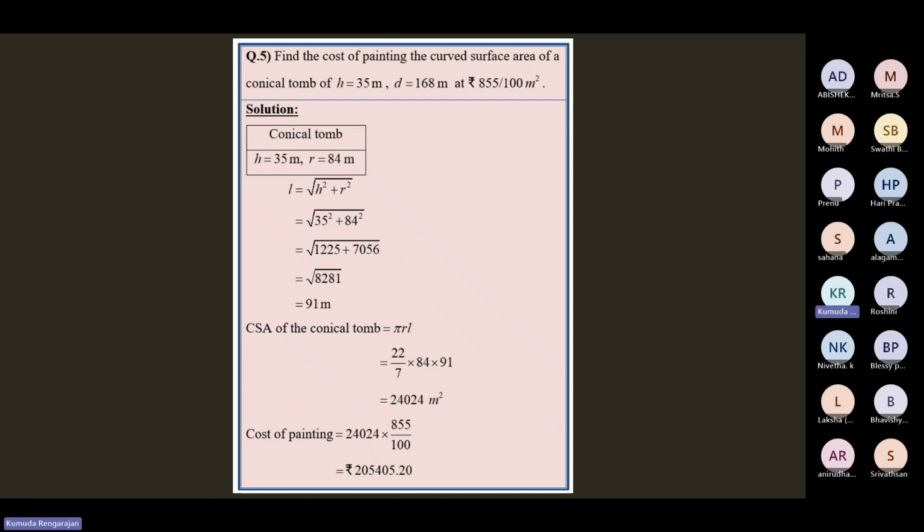So first find the slant height, then find pi RL. The cost of painting is equal to the area into the rate. Why 855 by 100 is because it is 855 rupees for 100 meter square. So for 1 meter square, it will be 855 by 100.